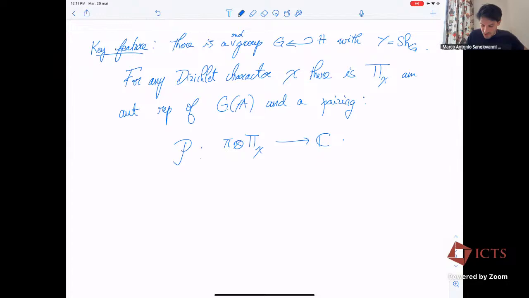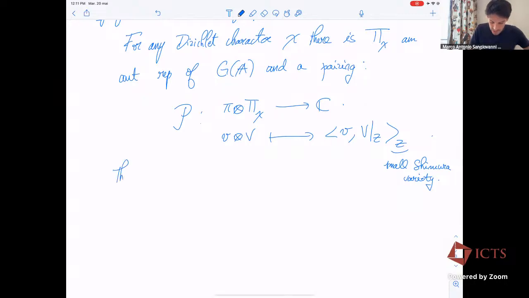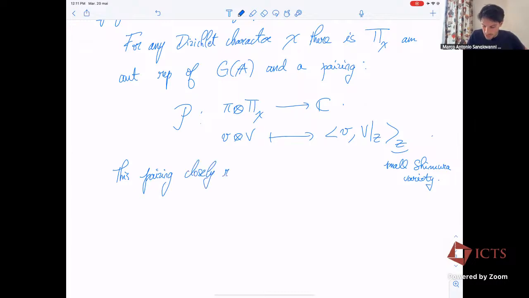I will think of it in geometric terms. I have a small vector v in pi and a big vector V in Pi chi, and I will denote this pairing as v restricted to the small Shimura variety Z, paired with V on Z. This period is closely related to the L-function of pi twisted by the character chi.